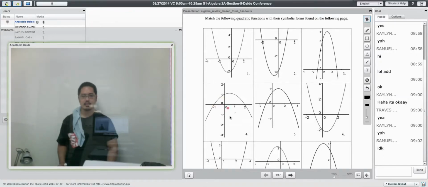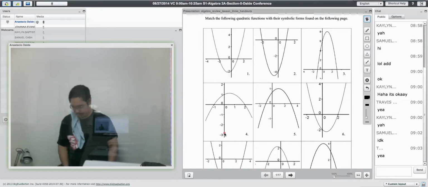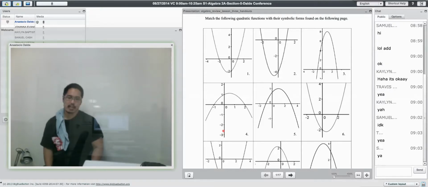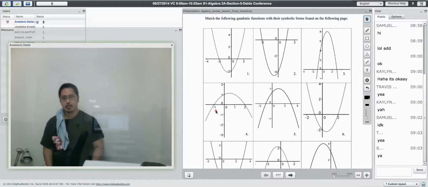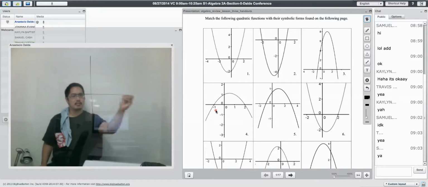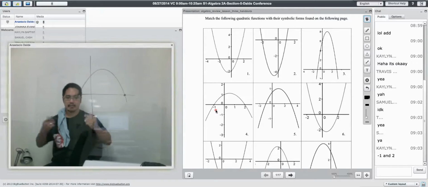All right. Say yes or no, or I don't know what you're talking about. Yeah, all right, awesome. So you see the graph that I'm talking about here. And what I'm going to ask now is, we're looking at this graph. What are its x-intercepts? -1 and +2.